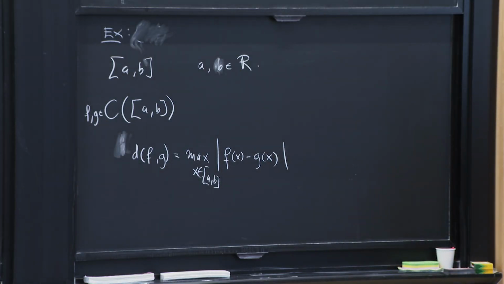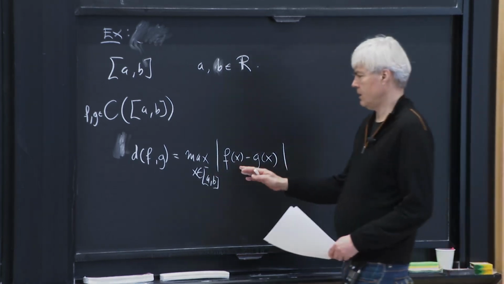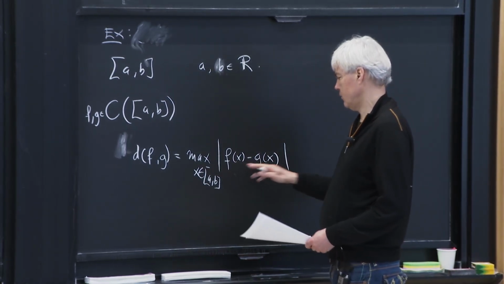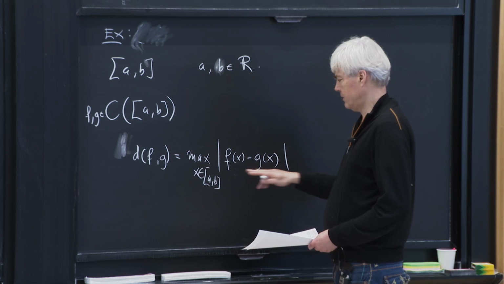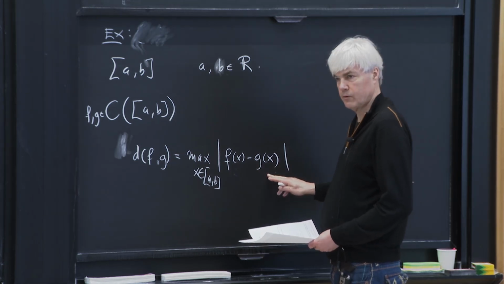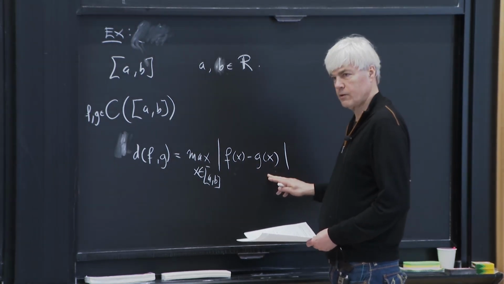And this particular example was on the midterm. The fact that the max is achieved is just like this: if you're looking at these two functions, this is the difference between the two functions, so this is also continuous.